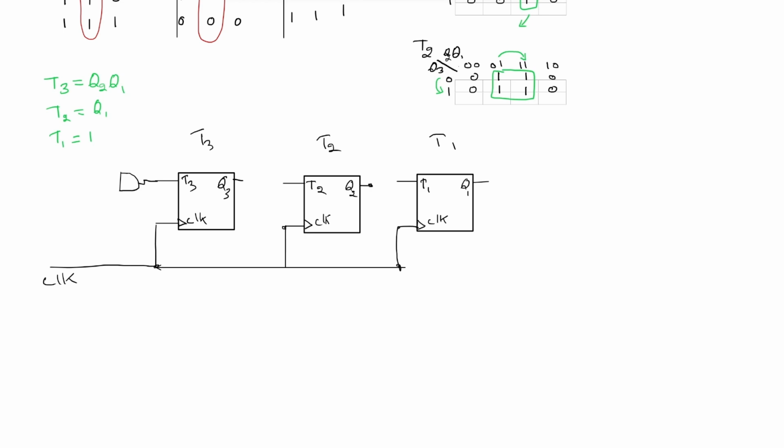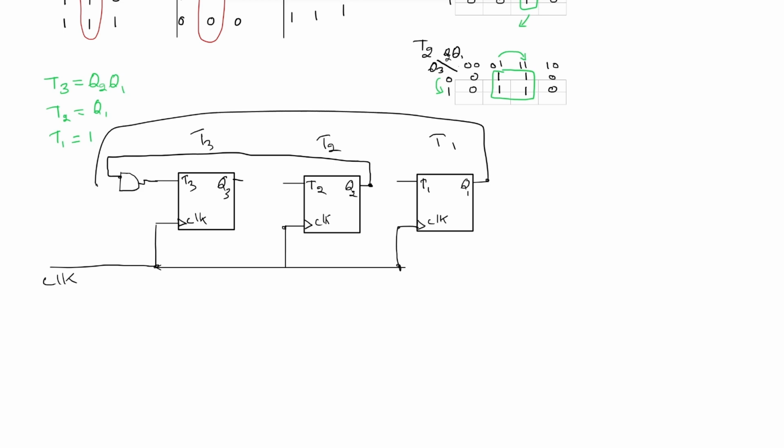So we can get Q2 from here, and Q1 from here. And then for T2, T2 is equal to Q1. So this is Q1, we can take it from here. And lastly, T1 is equal to 1. So this is 1 over VCC. So this is the circuit for a counter that counts from 0 to 7.